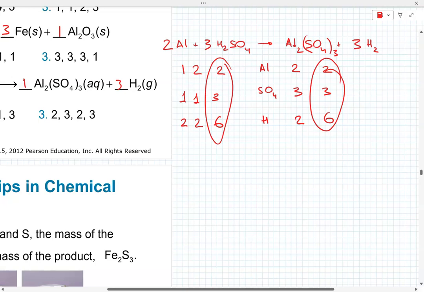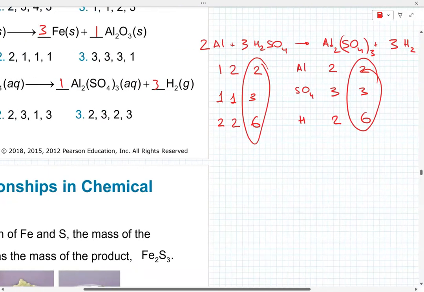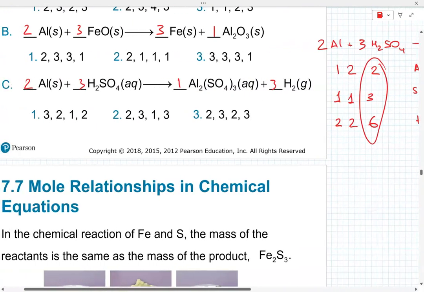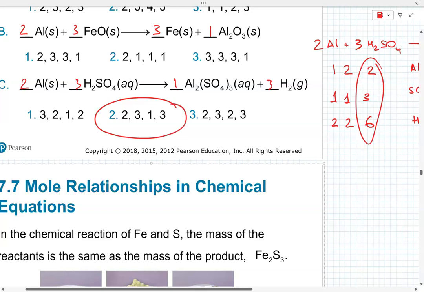Everybody? Okay? Now remember, if there is no coefficient, it means 1. So, this answer. All right?